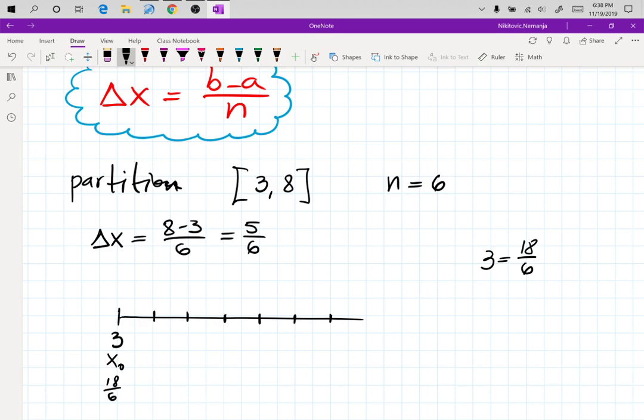So now you add 5. 18 plus 5 is 23, very good. Now you add another 5. That's 28 over 6, 33 over 6, 38 over 6, 43 over 6, and then 48 over 6. Hold on. 48 over 6? How much is 48 over 6? You landed exactly at 8, right?